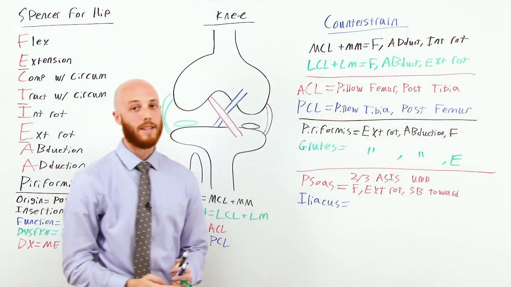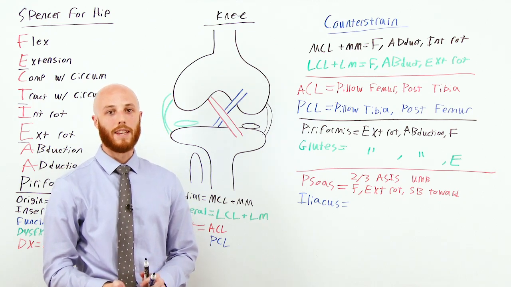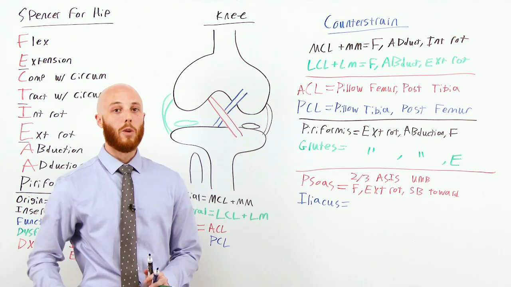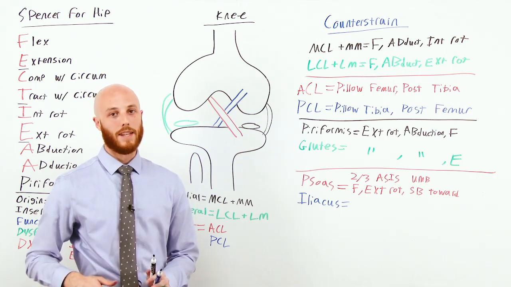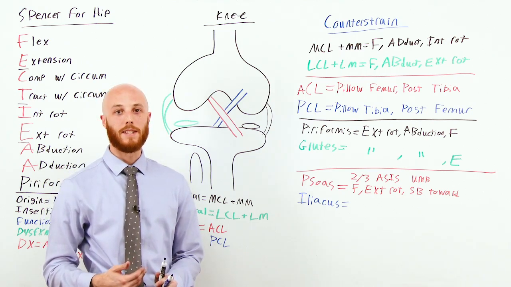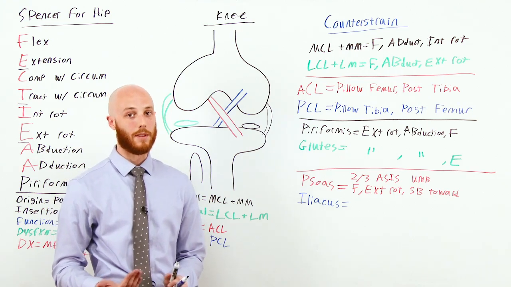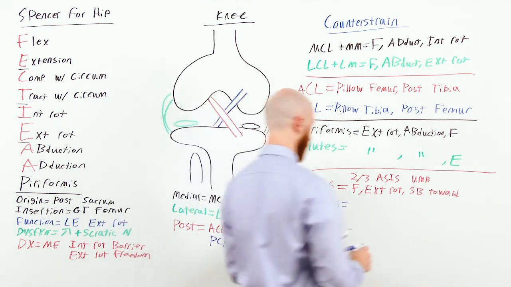So we're going to compare that to iliacus. The tender point for iliacus is going to be located 1/3 the distance from the ASIS to the umbilicus. The motion of the iliacus is very similar to that of the psoas. So the treatment position is going to be very similar to the psoas as well.